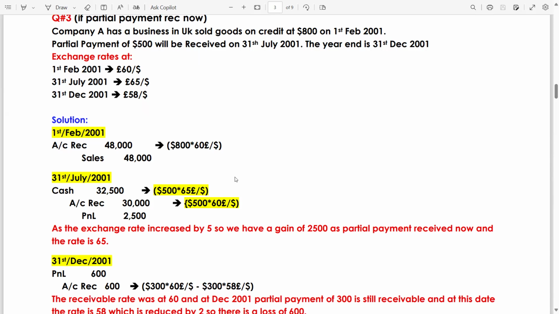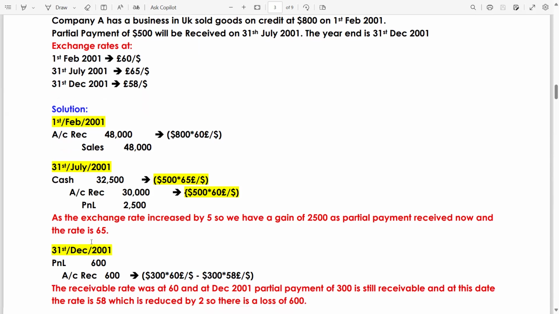This is 1st Feb. So 500 multiplied by 60 gives you 30,000. There is a gain of 2500. As the exchange rate increased by 5, we have a gain of 2500, as partial payment is received now and the rate is 65.